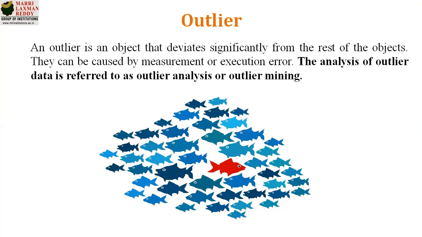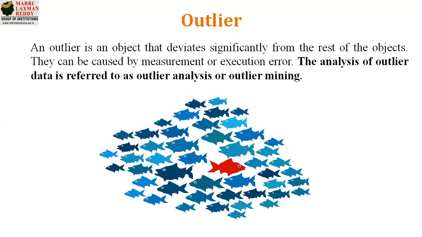Outliers can be caused by measurement or execution errors. While applying some clustering methods or anything, you can easily identify outliers, because they will be moving in the opposite direction, or may lead to some execution errors. Okay. The analysis of outlier data is referred to as outlier analysis, or we can also call it outlier mining.